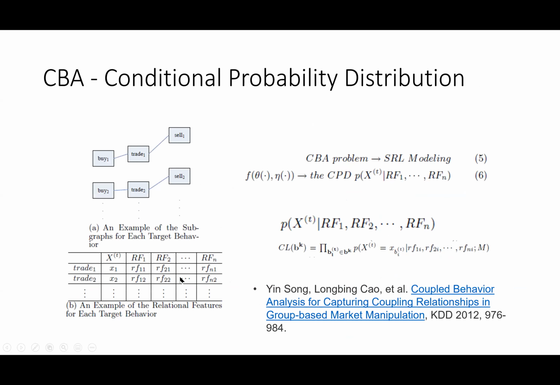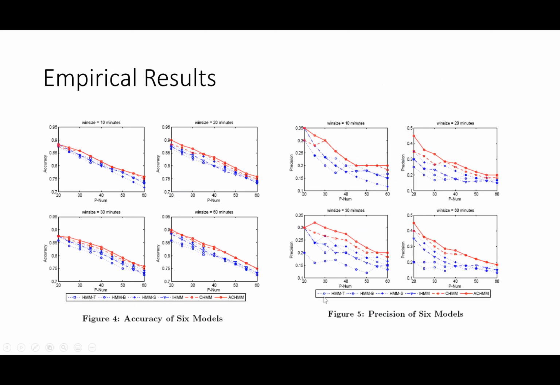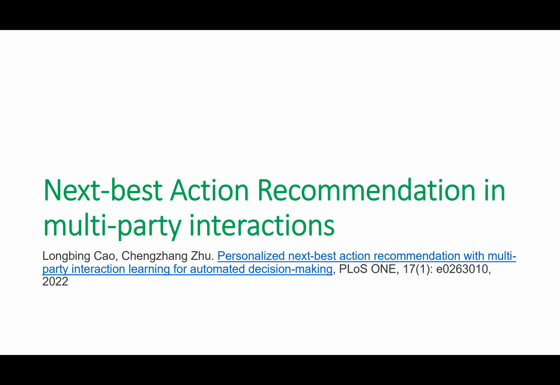For example, for each transaction, whether buy, sell, or trade, we can have relational features, latent features of course, and use conditional probability distributions to model the inference of those latent relational factors on this particular trade. We model that and see the performance, and then find those more relevant traders as a group manipulating the stock.